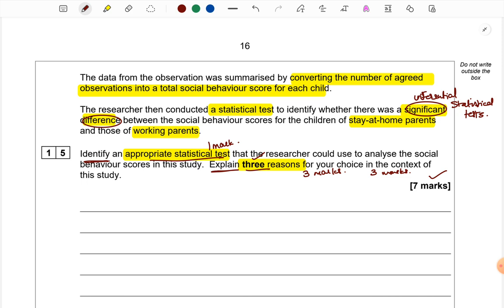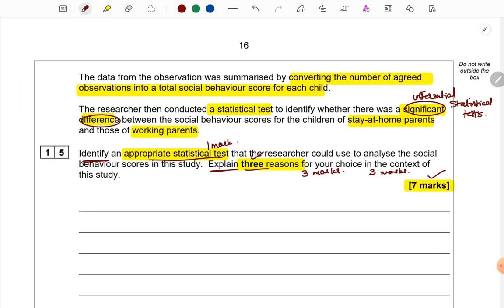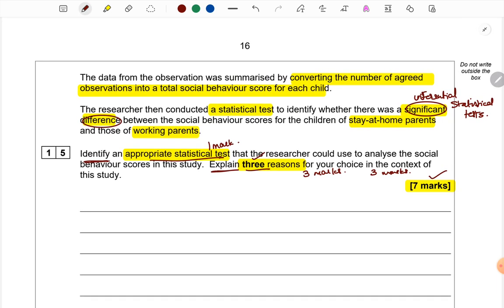That is why looking at the command term is so very important. While writing the answer, you will understand what points I'm covering, but just to quickly give an outline, one reason for using the Mann-Whitney test is definitely the type of data. This data is not on interval scale, it is on ordinal scale because it has been converted from observation into scores.